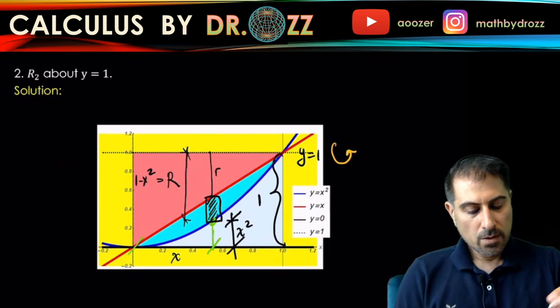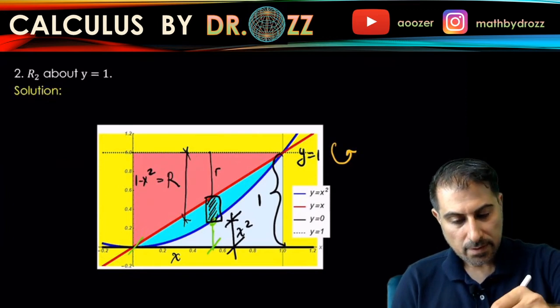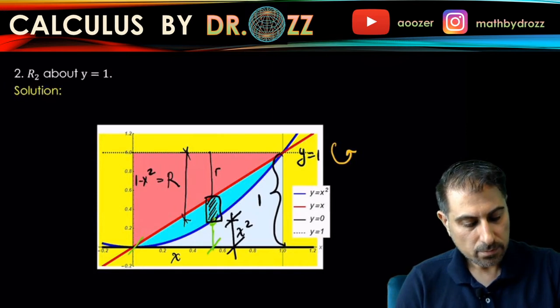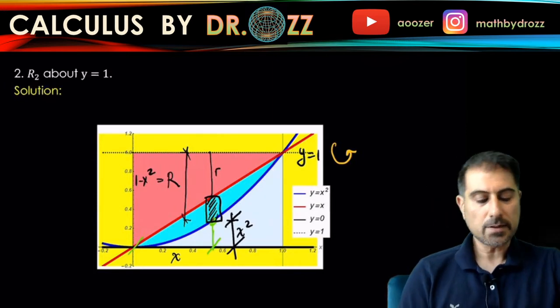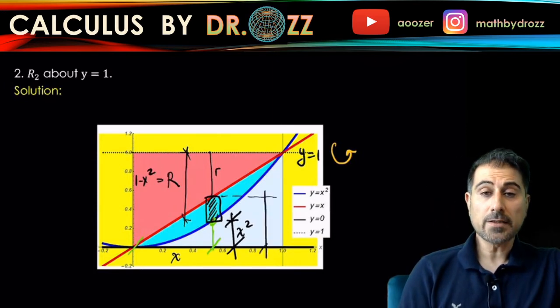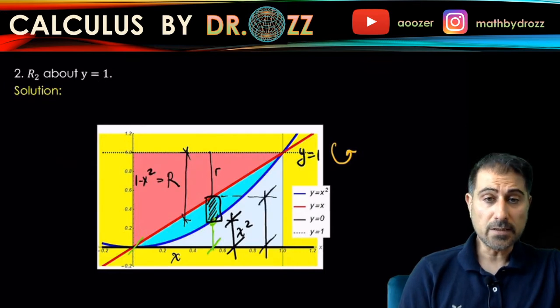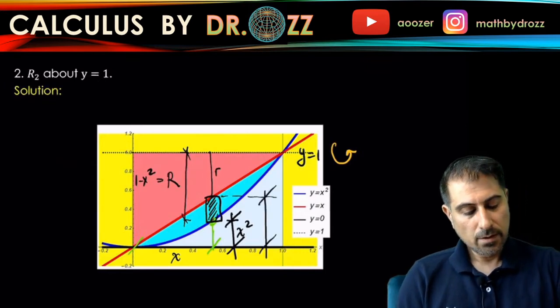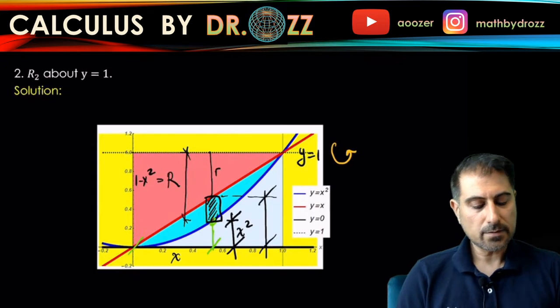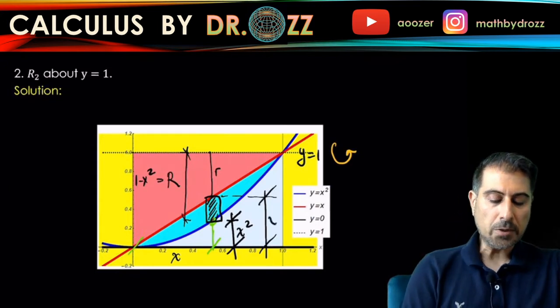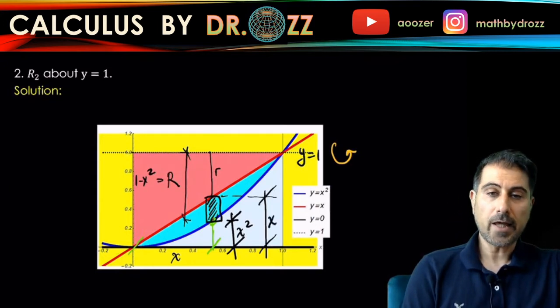Okay. So let's check what this other distance is. I want to write down what this distance looks like, and that is determined by the red line, which is y equals x. So essentially, if that slice is x units far from the y-axis, the corresponding top edge is x units far from, in fact, the x-axis, not the origin.